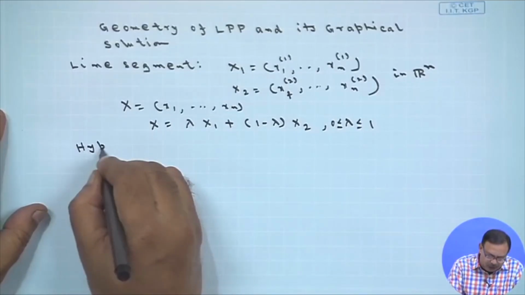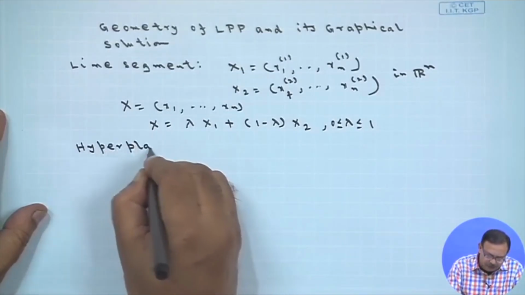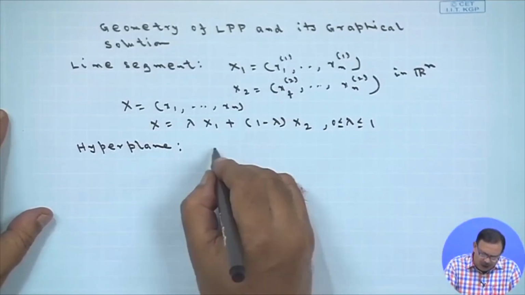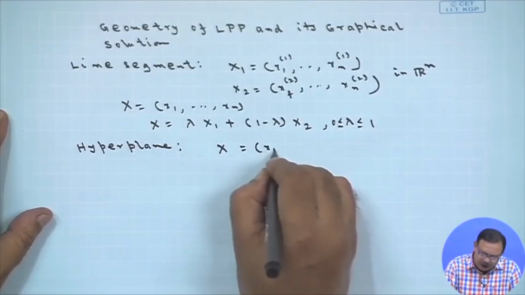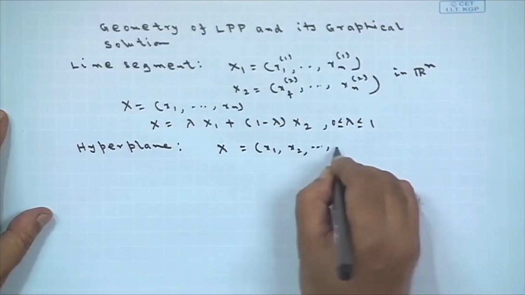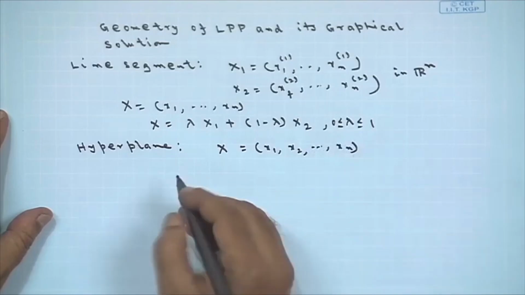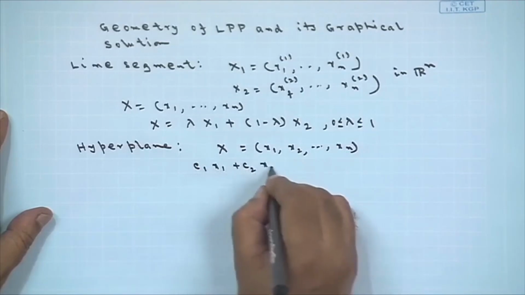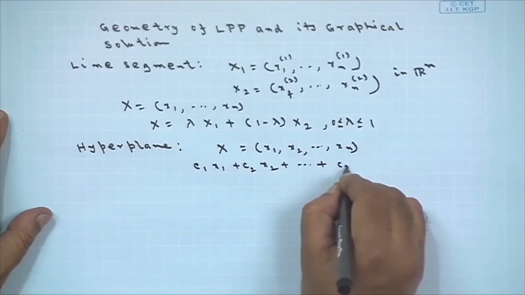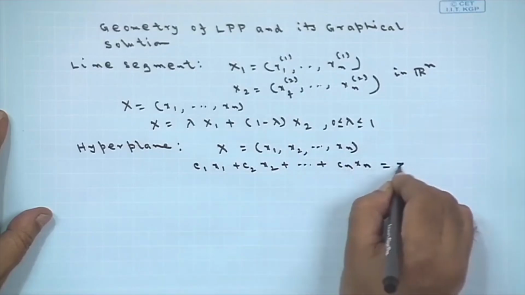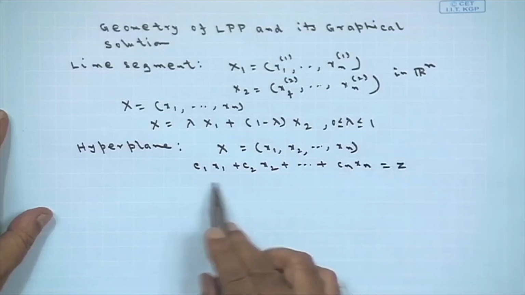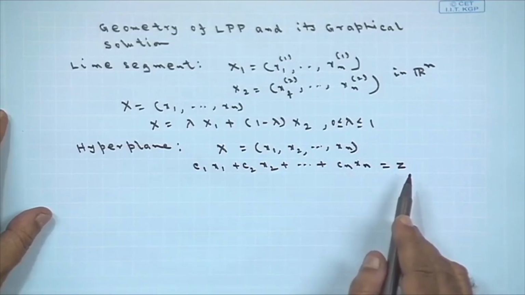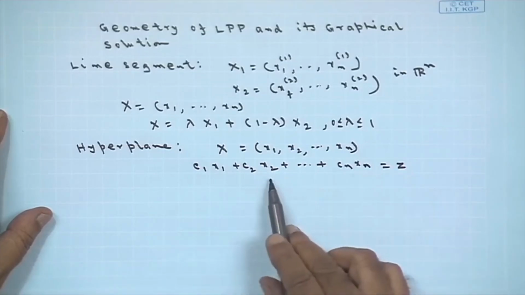Next one is hyperplane. You have a point x which is nothing but (x 1, x 2, x n). If this point satisfies c 1 x 1 plus c 2 x 2 plus c n x n equals z, then this equation represents one hyperplane for given values of c i's and z.